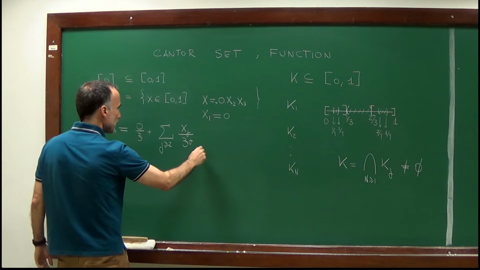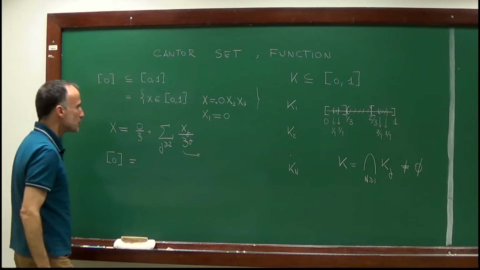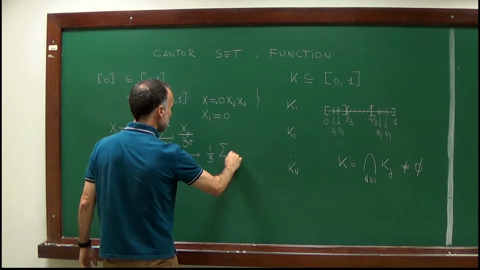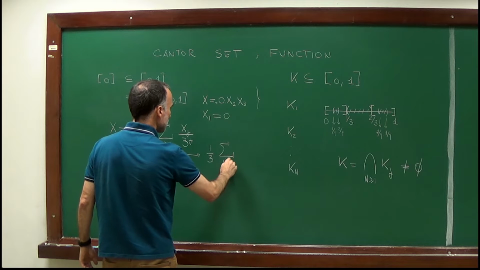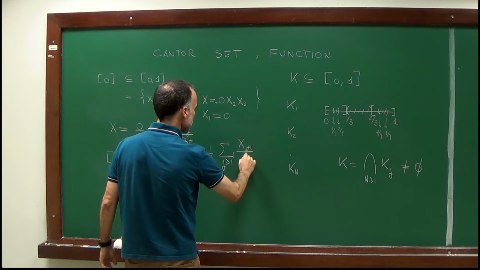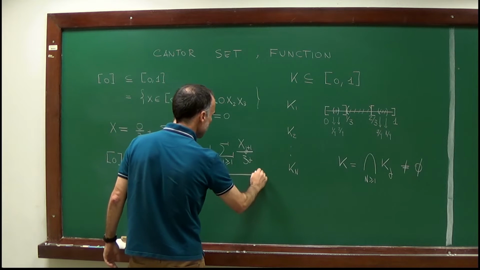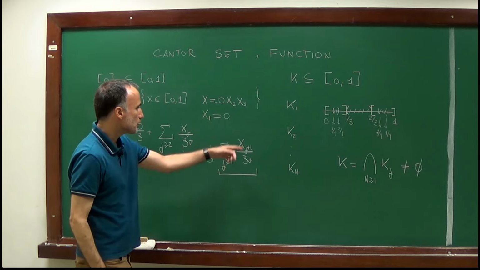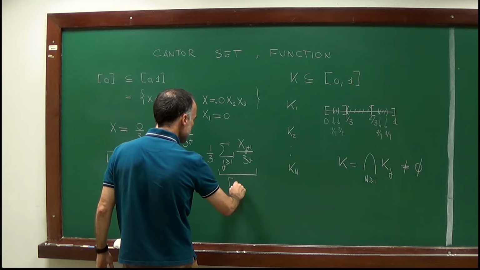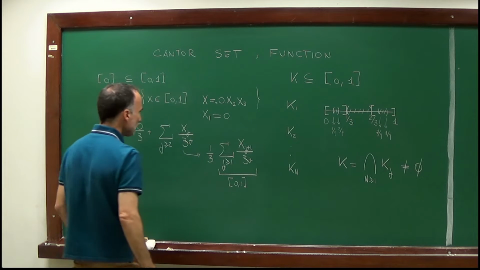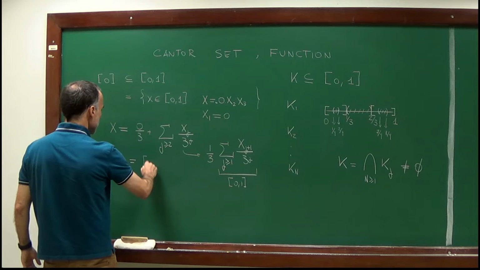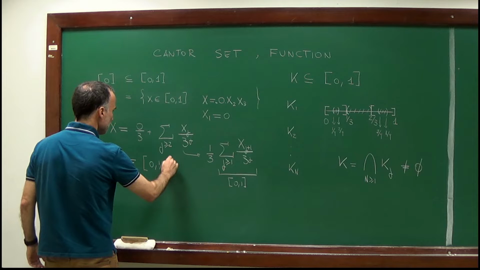So what are the points which I can obtain here? Well, this is 1/3 of the sum for j larger or equal to 1 of x_{j+1} divided by 3^j. So you observe that here I can obtain all the points which can be generated by this series. Well, these are exactly all points of the interval [0, 1]. Therefore, this set is nothing more than the interval [0, 1/3]. Right?